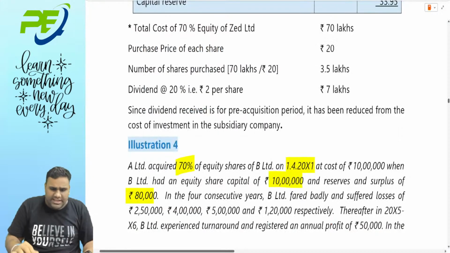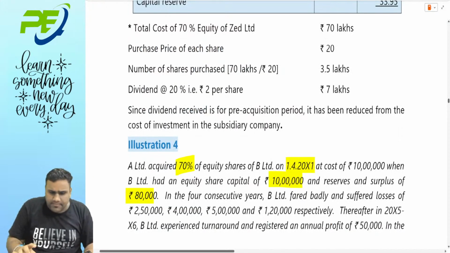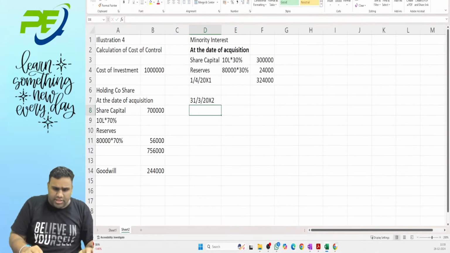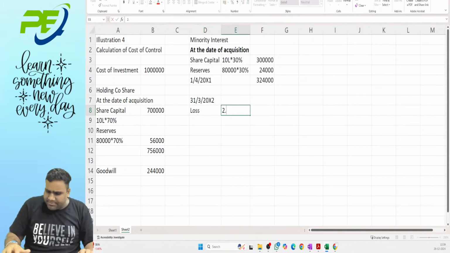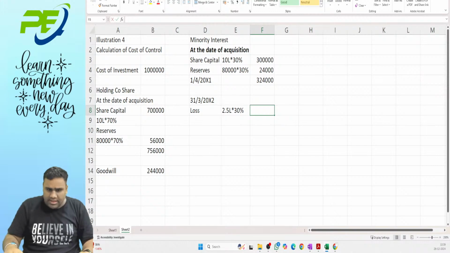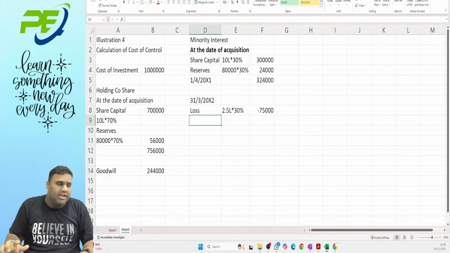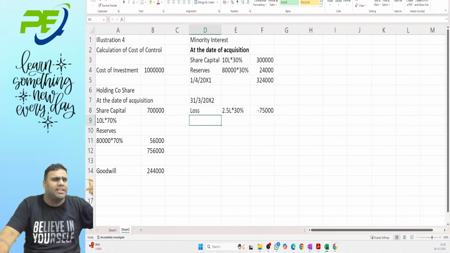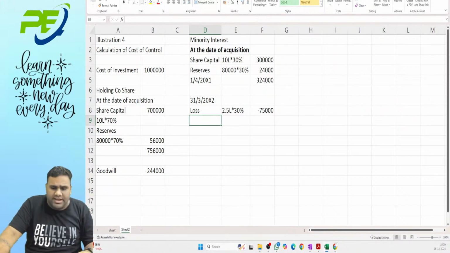At the end of the first year, the loss was 2,50,000; minority interest share is 30%, 75,000. Minus 75,000. Why minus 75,000? It is a loss.